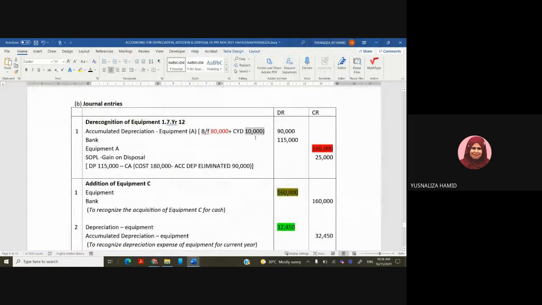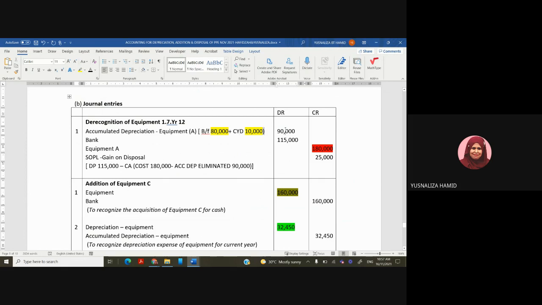So the one in the current year was 10. The accumulated depreciation of the same asset in the previous year was 80,000. And what you are interested in is the accumulated depreciation on the date of disposal, 1st of July year 12, that you need to eliminate, which would be 90,000. 80 from last year, the current year depreciation CYD is 10. So you have 90,000.